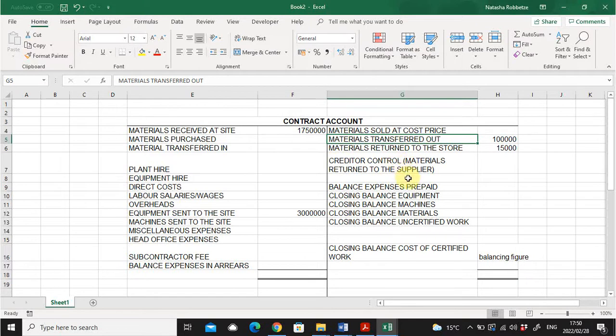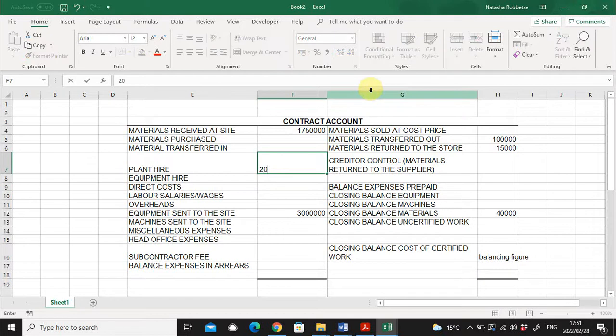Then we are on the next item. It says material on site at year end. So that will be the closing balance of materials, and that is 40,000. The next item is plant hire costs. And plant hire, there we go, and that was 200,000.